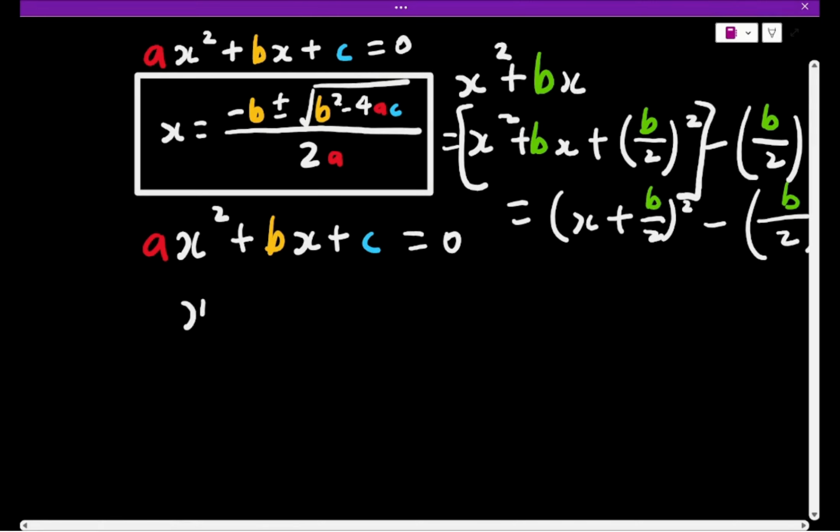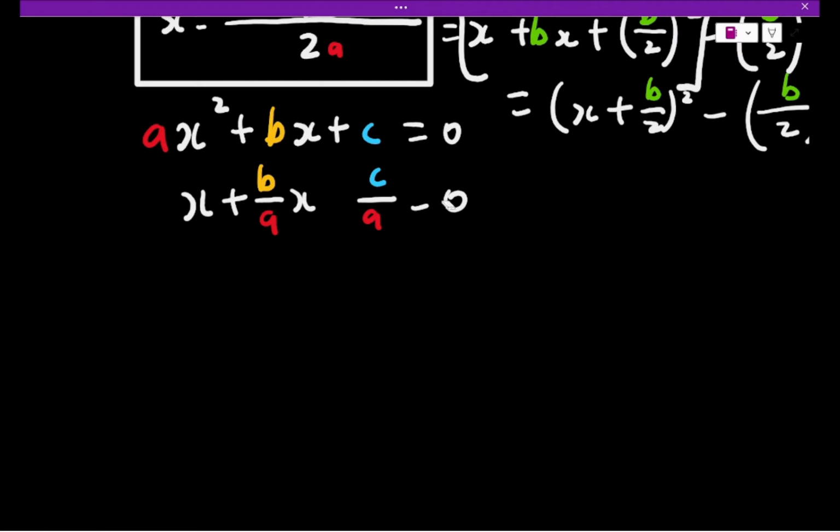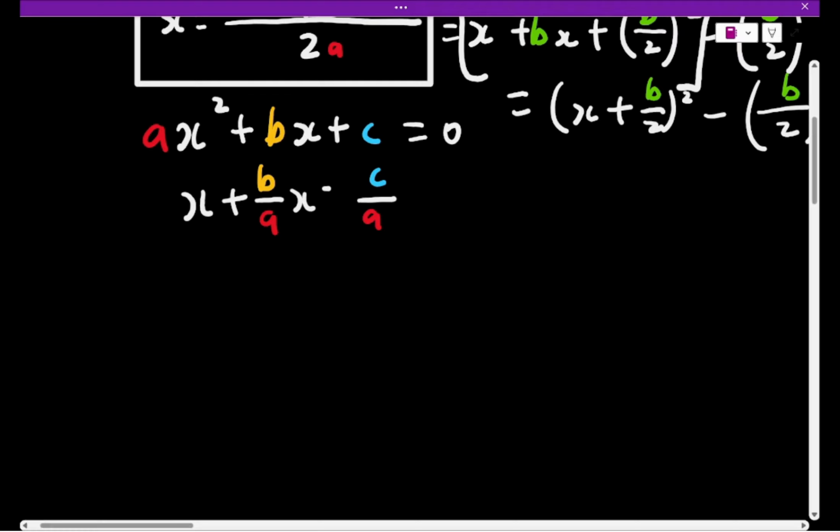We'll get x squared plus b over a times x plus c over a, and this is equal to 0. We are allowed to do this because a is not equal to 0. Now, let's subtract c over a on both sides. Equals negative c over a, just like so.